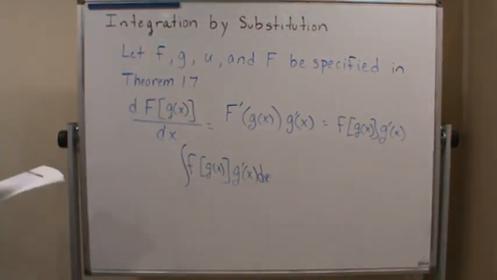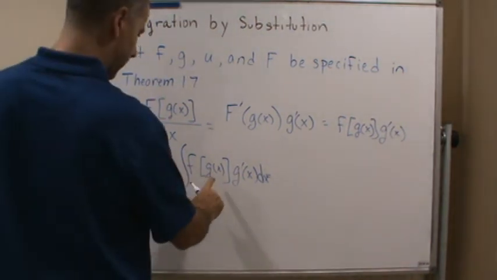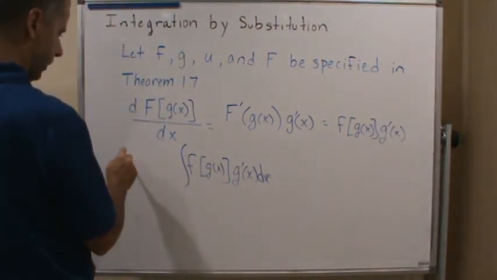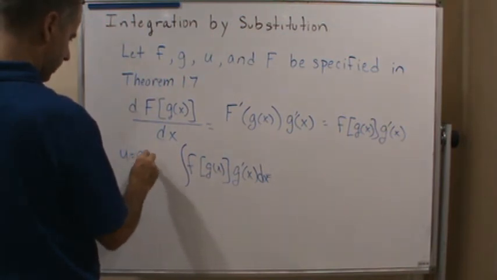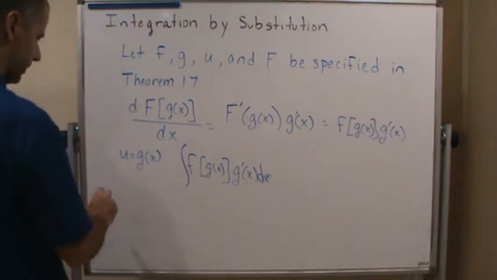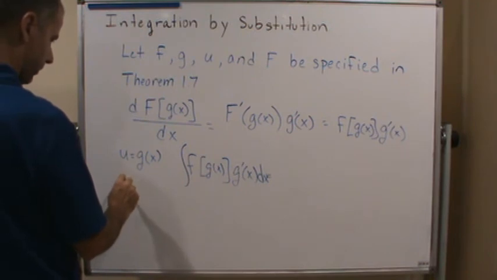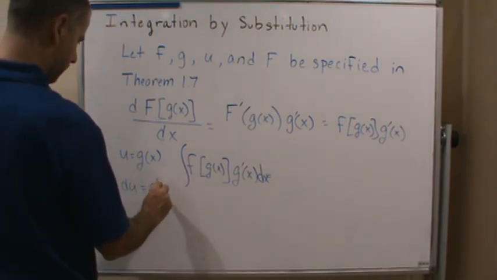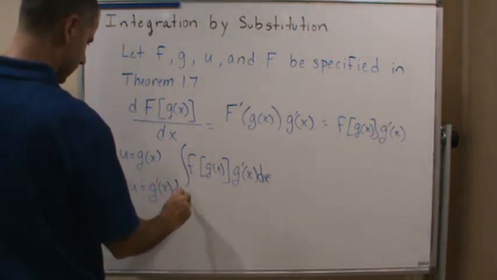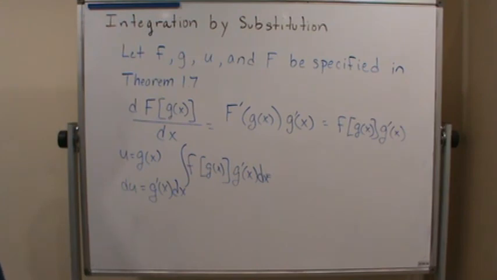We're going to make u equal g of x, so du is g prime of x dx.